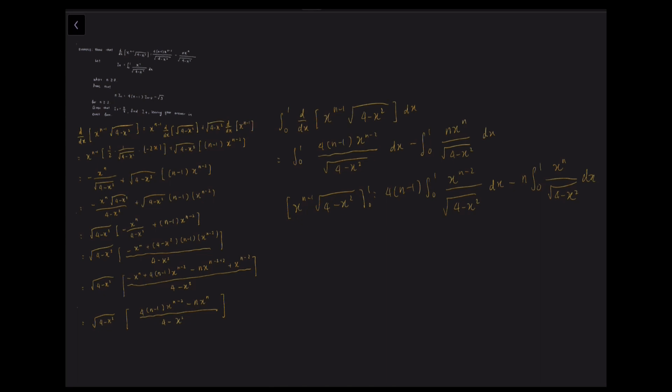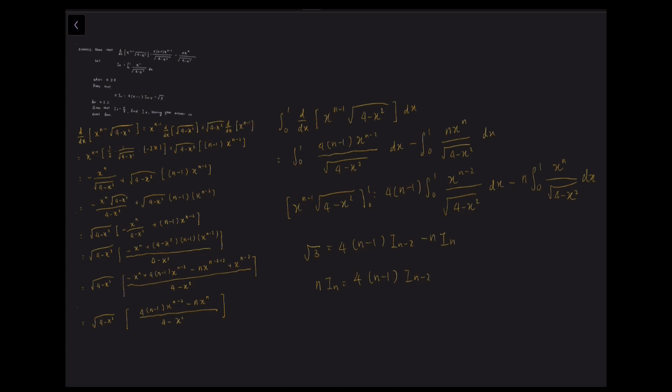And so root 3 equals to 4 times (n-1) times I_(n-2), because we have x^(n-2), and minus nI_n, because the second one is x^n.